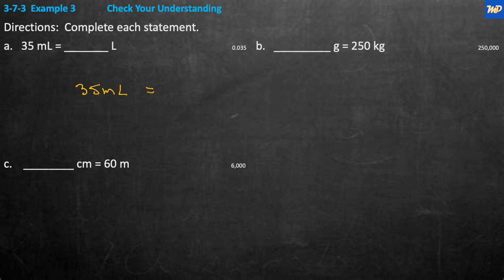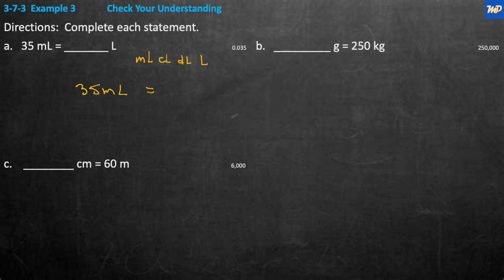How many liters? Well, if we look at this, we're going from smaller to larger units. So we're going to go from milliliters, ml, to centiliters, cl, to deciliters, dl, and then liters.